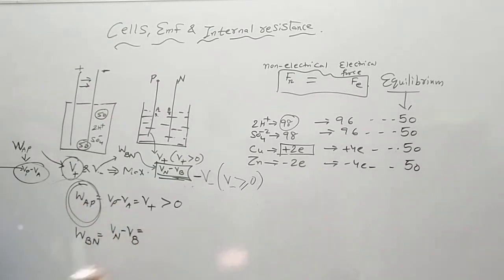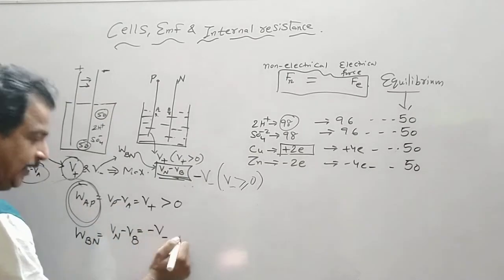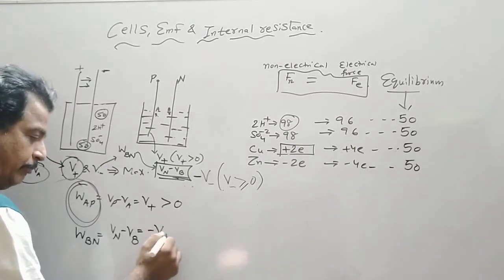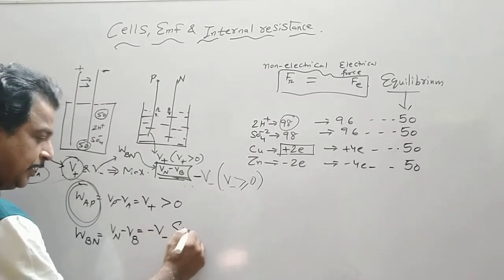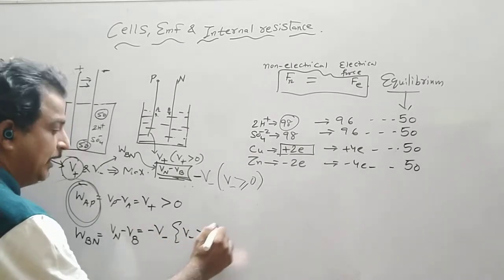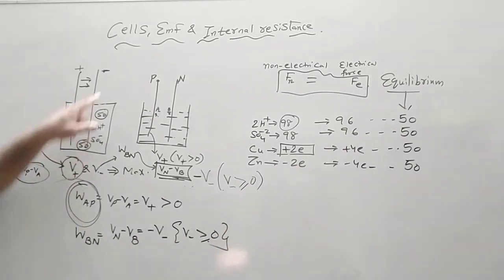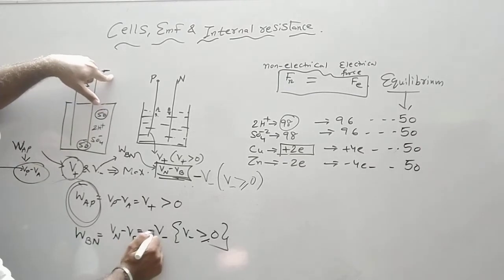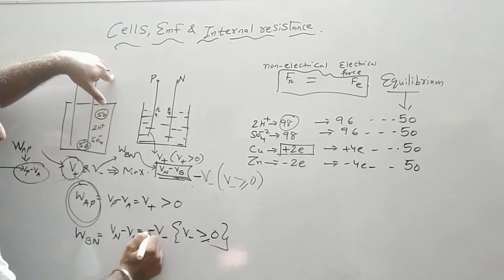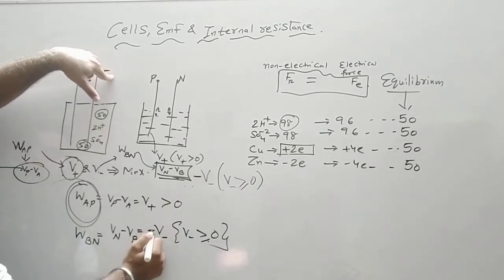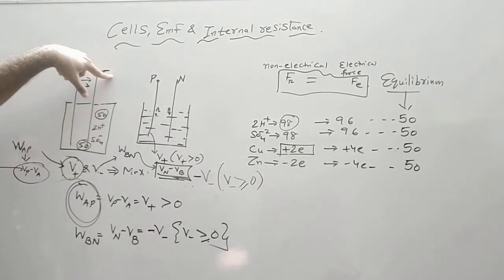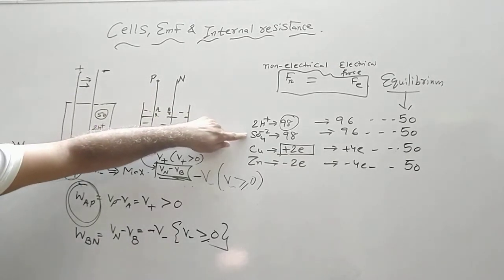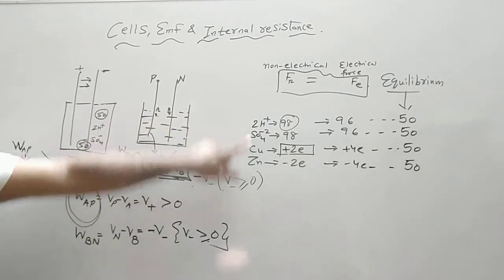Now this should be written as minus V minus, where in terms of value, V minus is greater than or equal to 0. Arbitrarily we take this potential as 0. So this potential difference comes out to be negative because we are moving the unit negative charge.